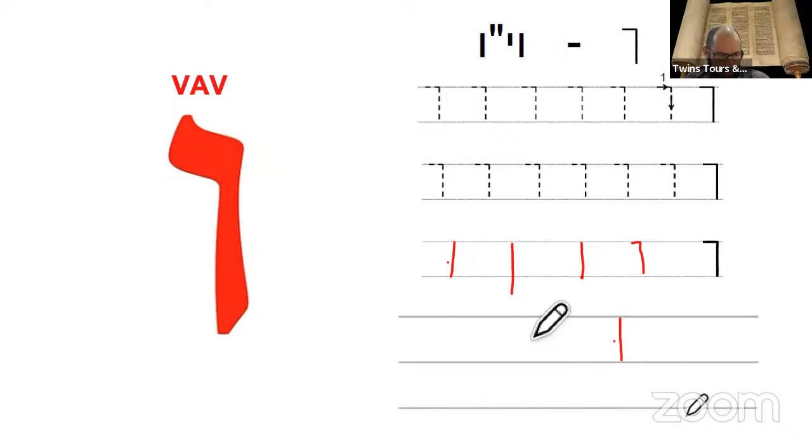Let me write an example for you: Aleph, and then Vav with a dot, and then Resh. Here we don't say Avra, we say Or, because of the dot. If there was no dot and there was Vav, we say Avir.